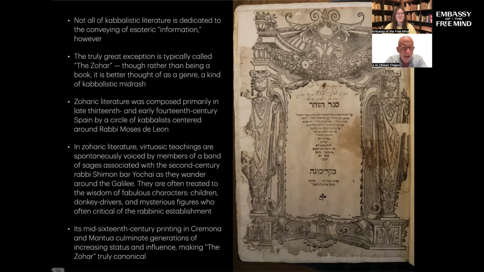And on this slide, I also make the point that it was printed in the 16th century as the book Zohar, and is often thought of as a book, but it really isn't a book. It's a genre. It's a literature.